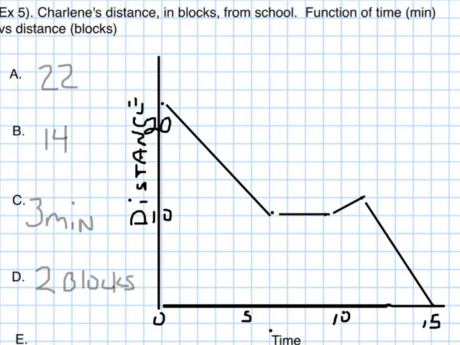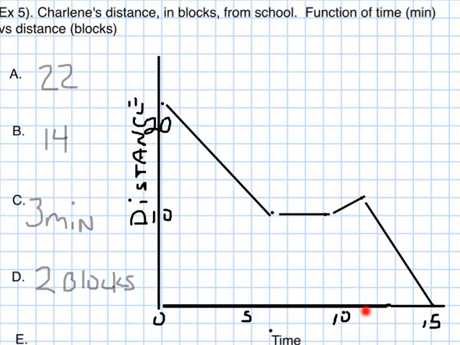Right? Final question, how long did it take her to get to school once she got on the train? Well, once again, where did she get on the train? She got on the train basically right here. She ends up down here. Well, what do you have? You've got 15 going back to, what was this?